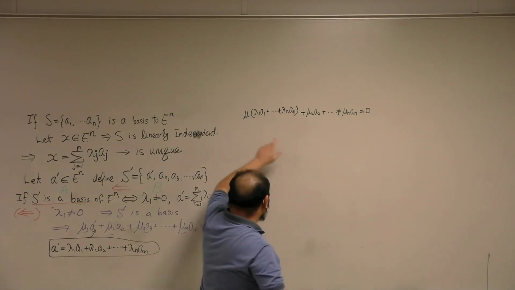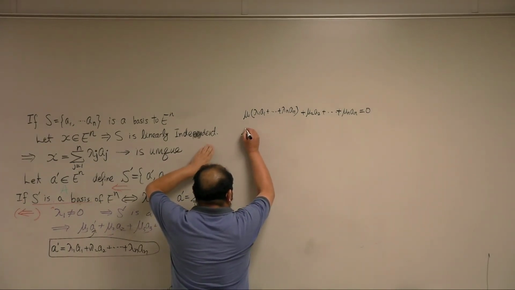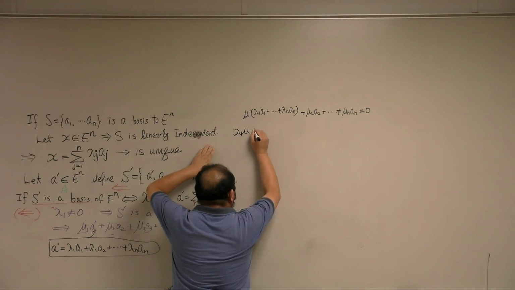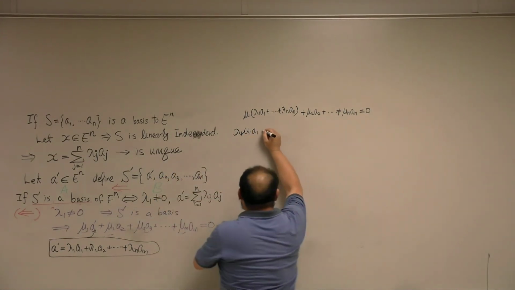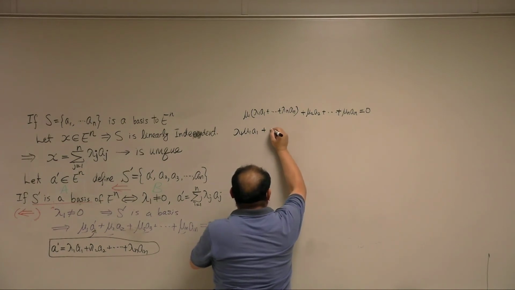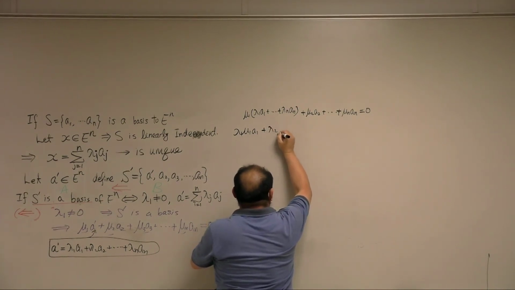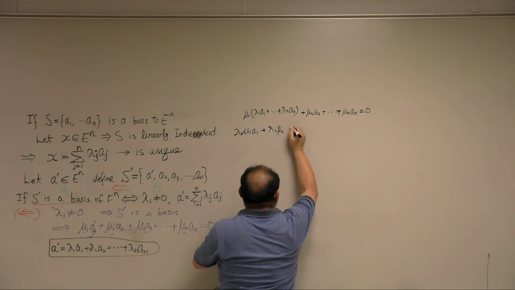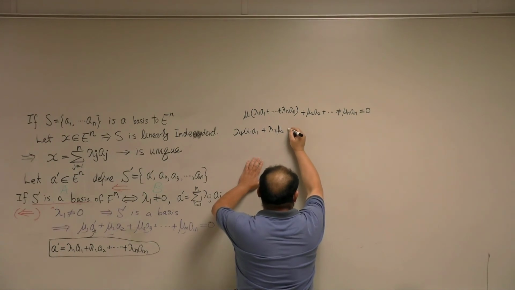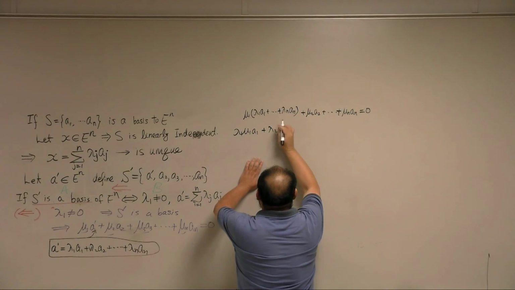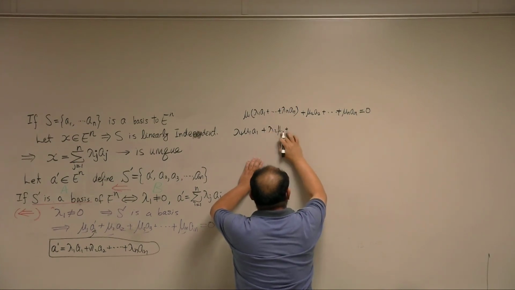See what happened. So here I have lambda 1 times mu1 times A1. How's that? So I have lambda 2 times mu1, sorry.